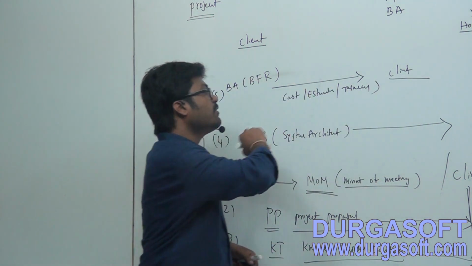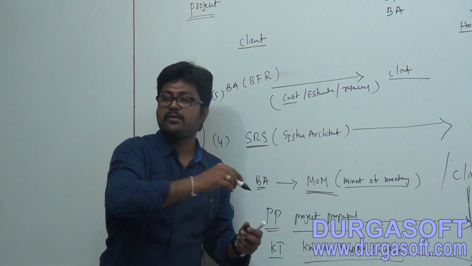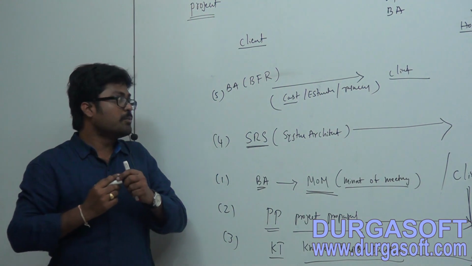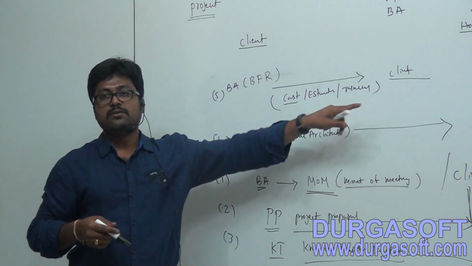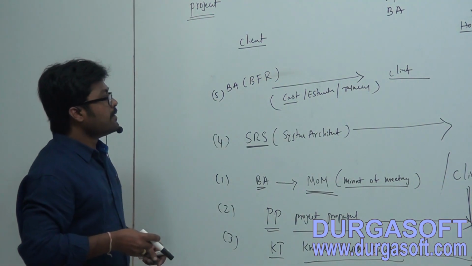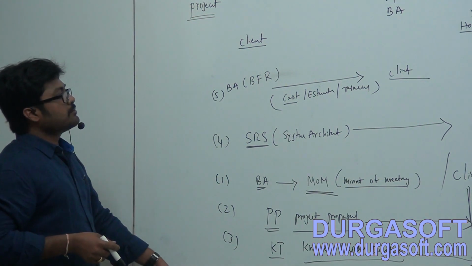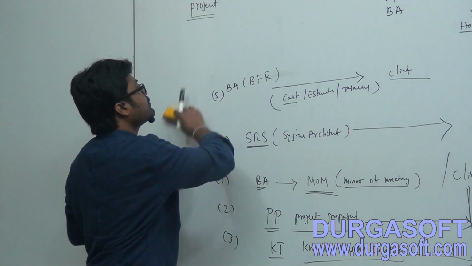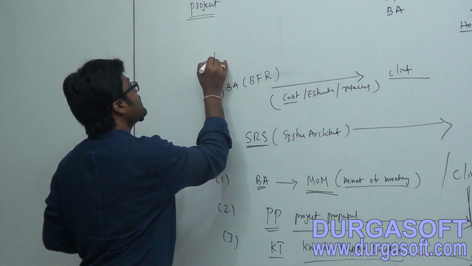In that BFR, what will they provide? The cost, the estimation and the required number of resources. Everything they will put under the BFR and finally send to the client. Then after completion of this, they will do the business agreements.